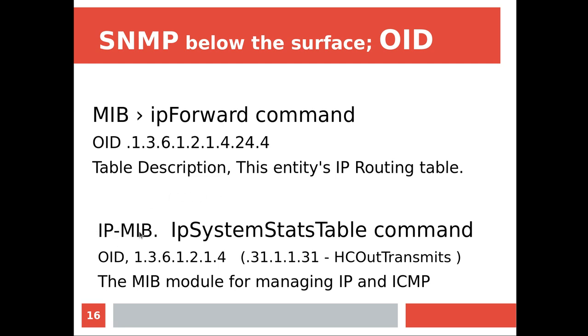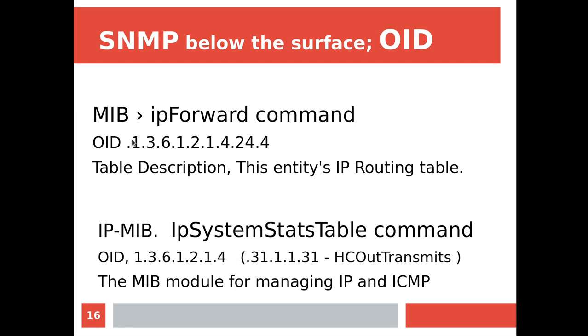or we can get the IP MIBs and ask for the system stats table command, which in the OID we have the first section of integers 1.3.6.1.2.1.4, which is the IP MIB.